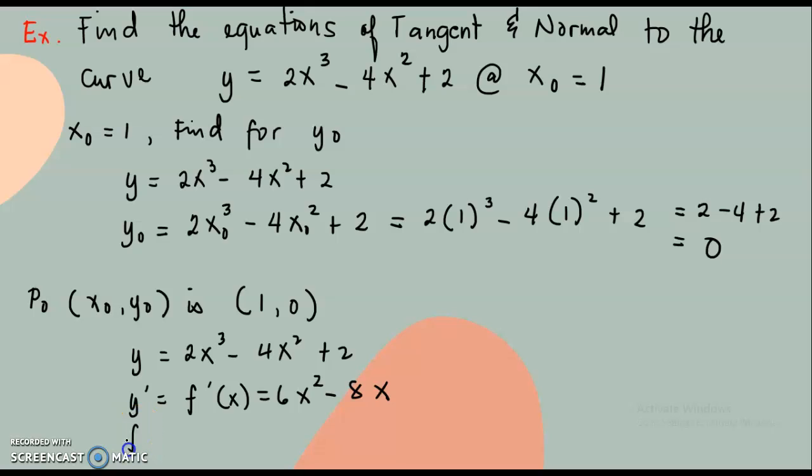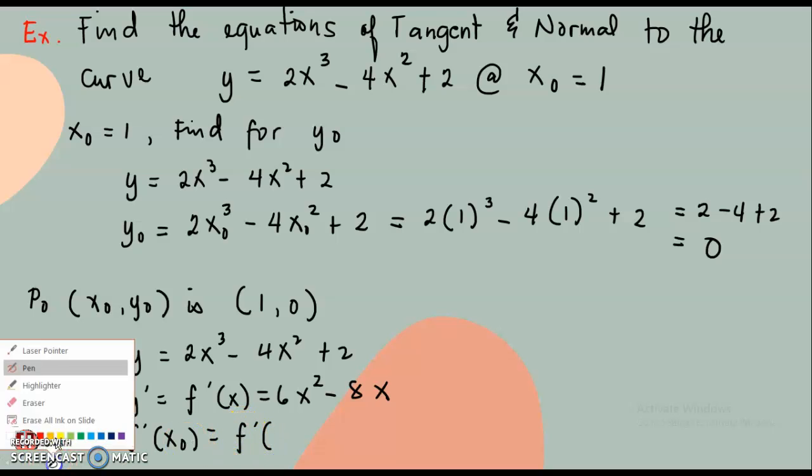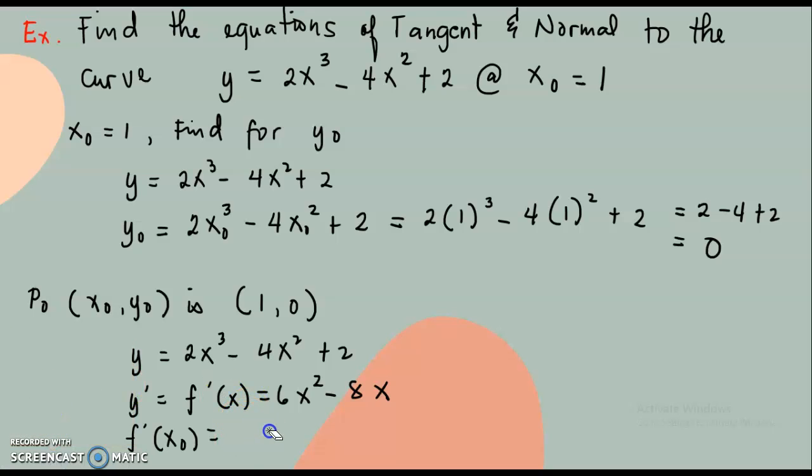Substituting, f prime of x sub 0 is 6 times 1 squared minus 8 times 1, which is 6 minus 8, equal to negative 2. Therefore, our m is equal to negative 2.